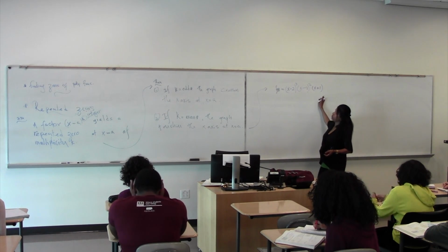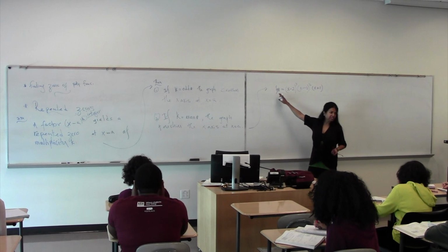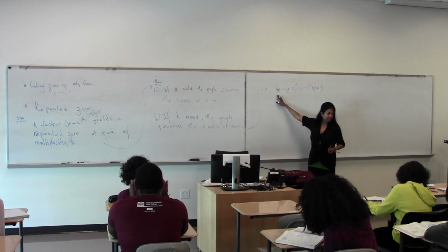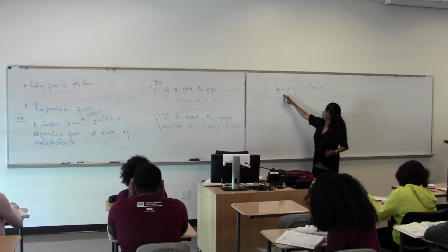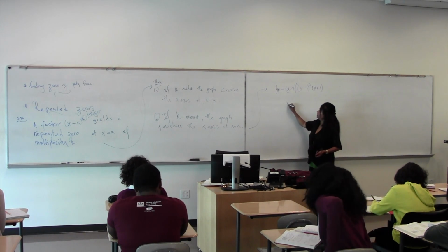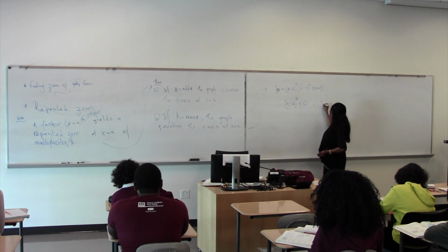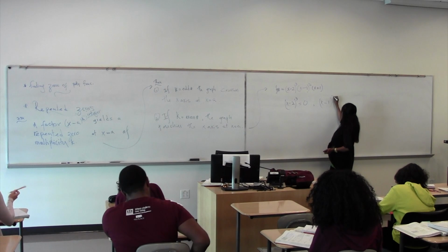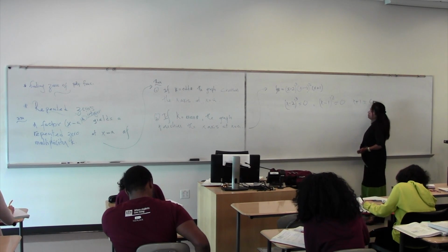Remember when we have this, we are supposed to make f of x equal to 0 and solve for x to find the x-intercept. We also discussed that. So if you solve for x, make this equal to 0 and solve, what do you get? X minus 2 whole thing to the power 3 is equal to 0. X minus 1 to the power 2 is equal to 0. X plus 1 is equal to 0.